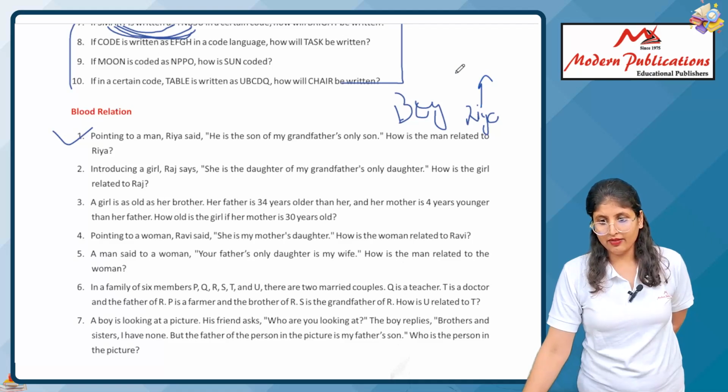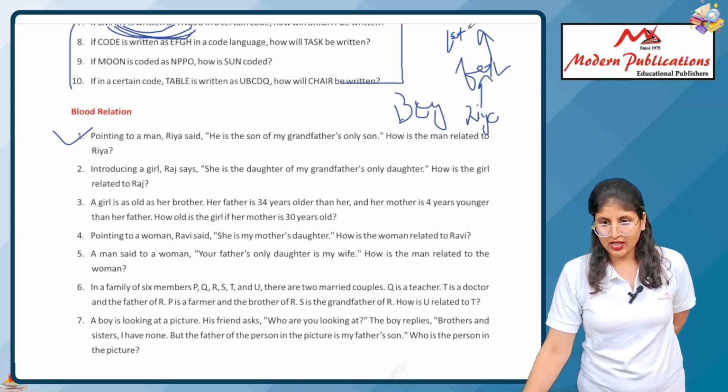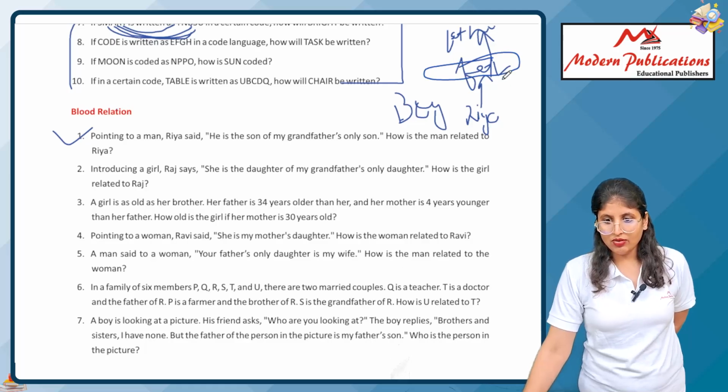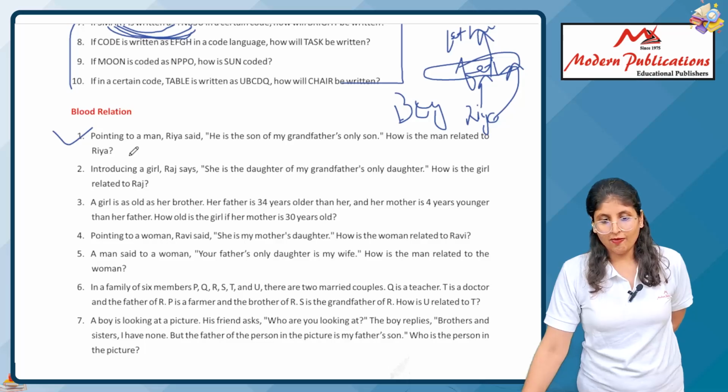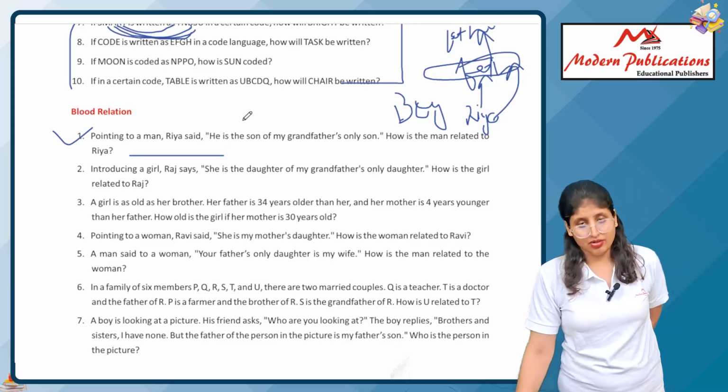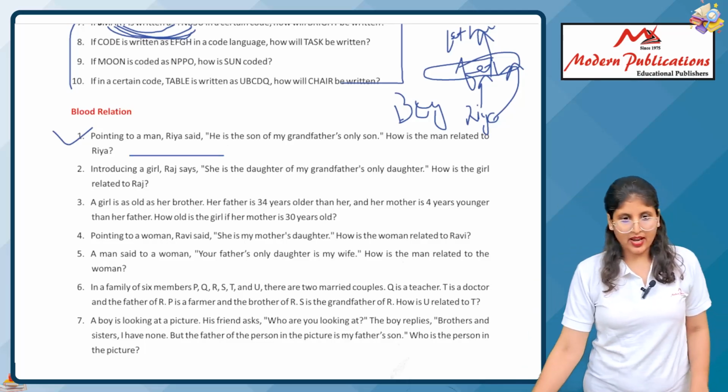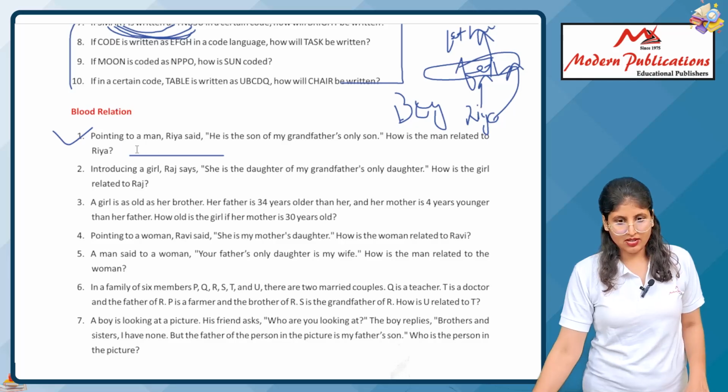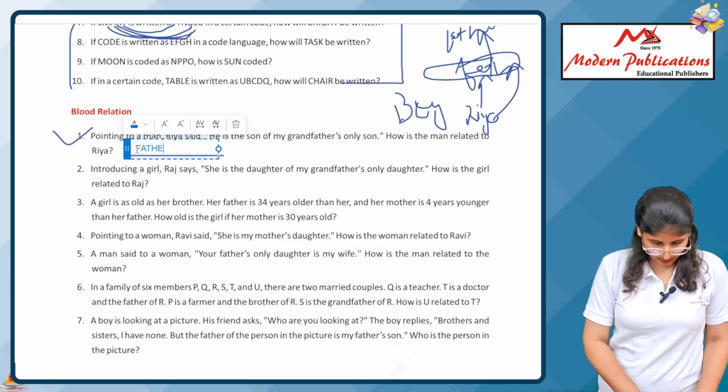So Ria's grandfather's son means I'm talking about my father. Can you tell me the relationship of Ria to that boy? It is the father and daughter relation. So we will write father and daughter relation.